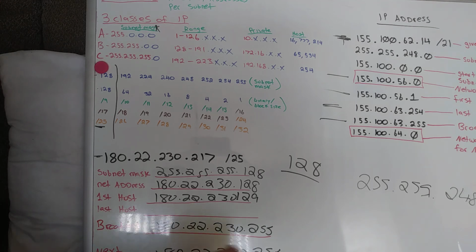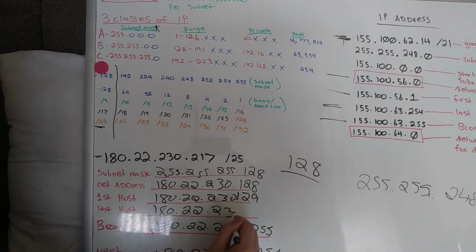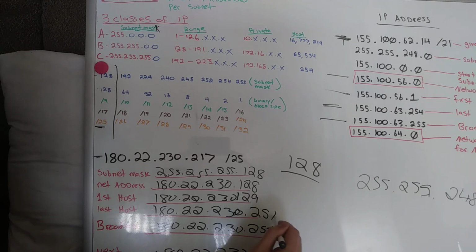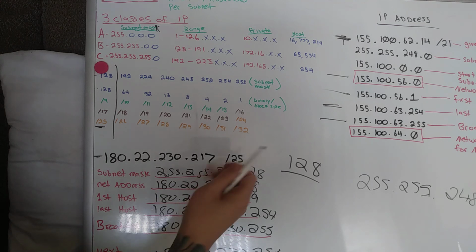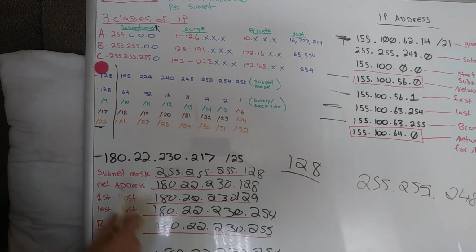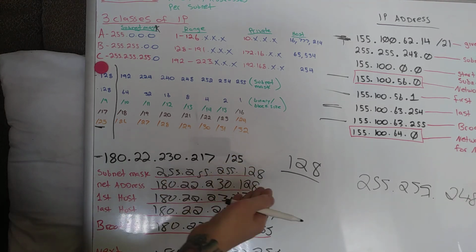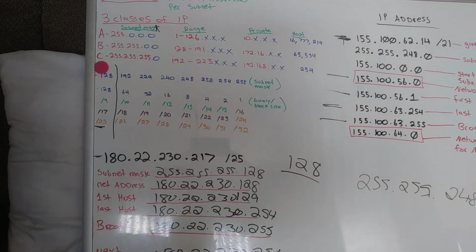The last is simply 1 before the broadcast, 180.22.230.254. And that is how you take an IP address with a CIDR, or even if he gave you the subnet mask, you know what CIDR that is, and answer all of the questions on that test.